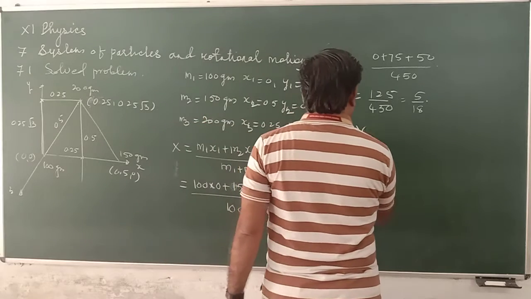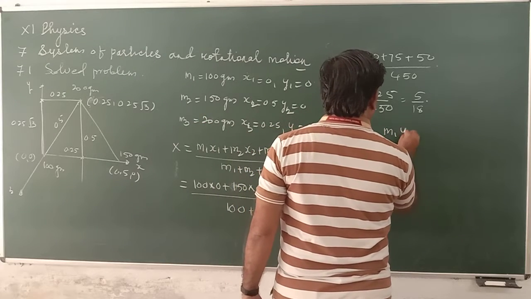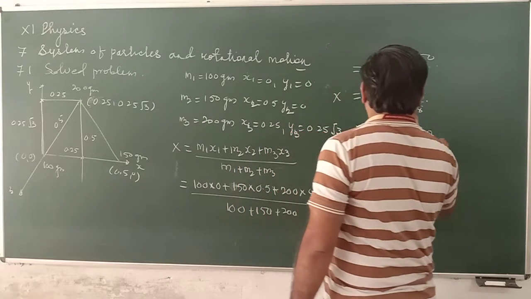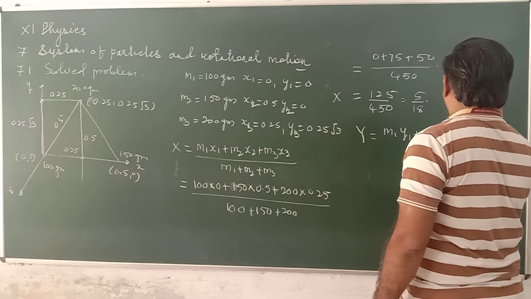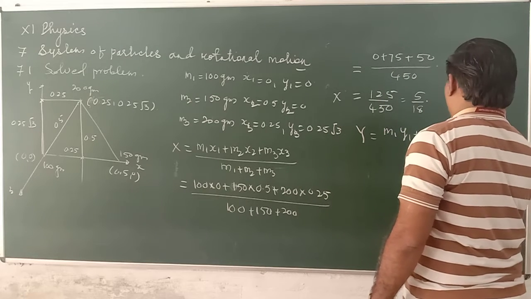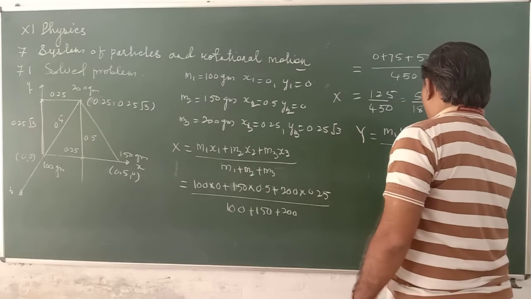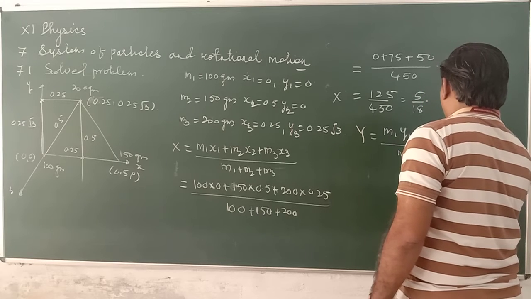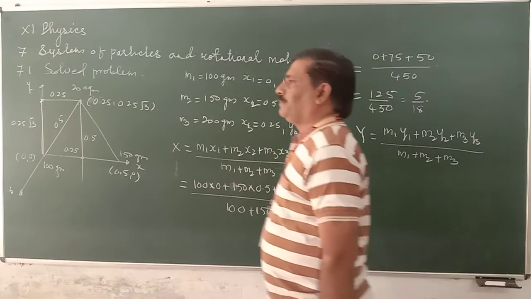Similarly, the y coordinate is m1 y1 plus m2 y2 plus m3 y3 divided by m1 plus m2 plus m3.